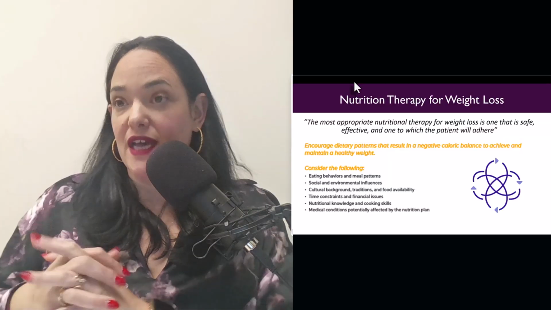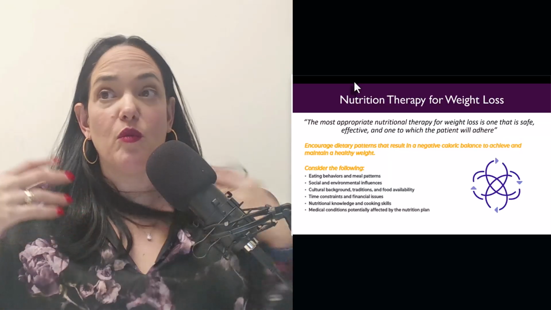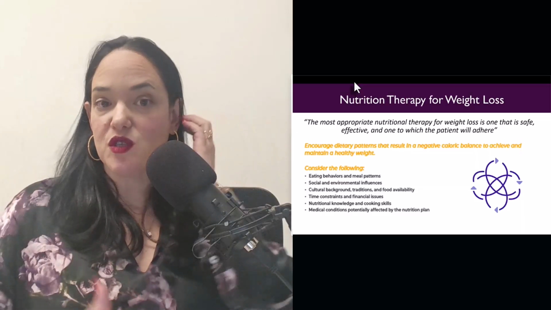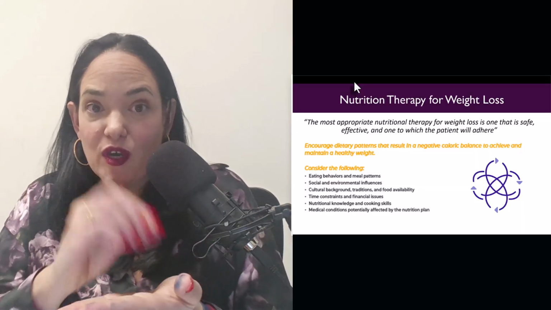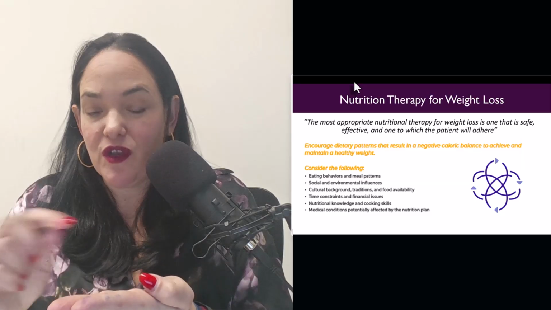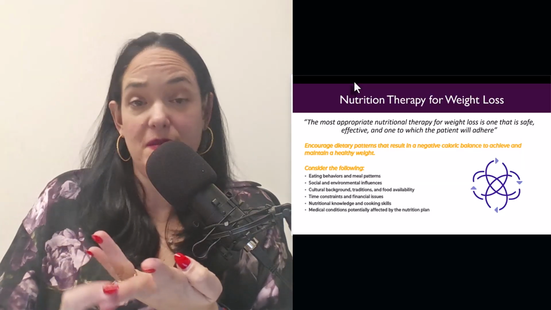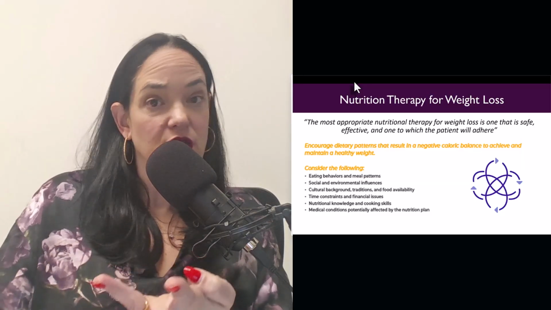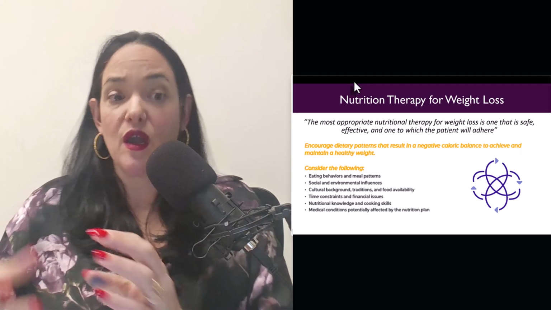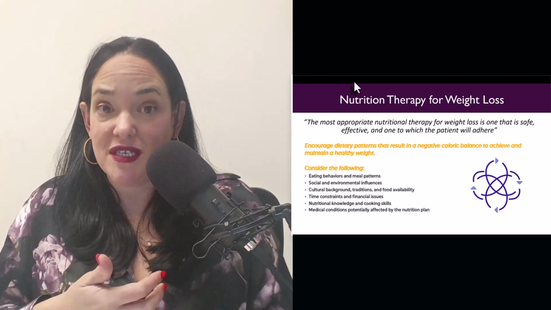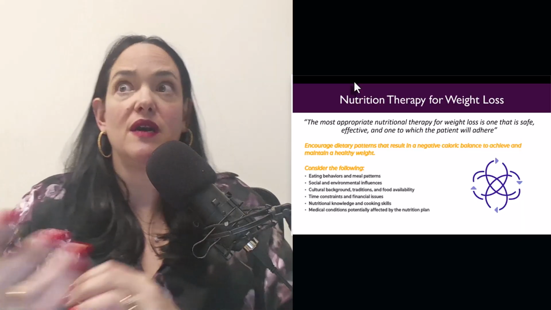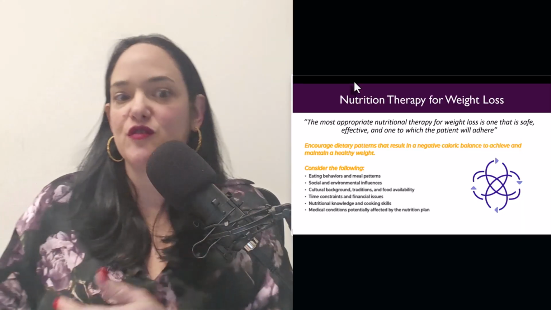A more holistic, complex systems approach to nutrition therapy wouldn't just look at what exactly you are eating, but also the behavior of eating. How slowly or how fast is someone eating? What are the social and environmental influences? How does your culture come into this? How does tradition? How does economics? How does food availability?